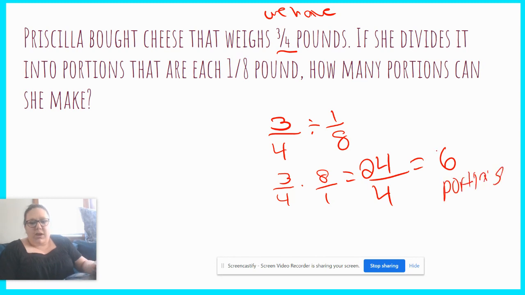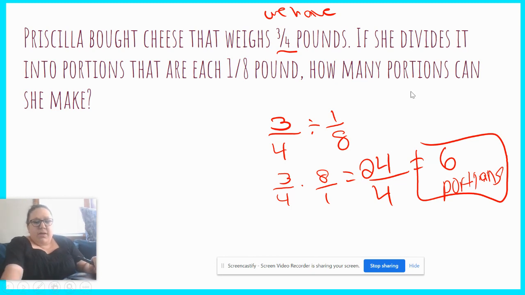And portions is just another word for servings. So that means that there's 6 little groups that she made. Again, the 3/4 came first because that was the cheese that she had, and then she split it up into the portions.